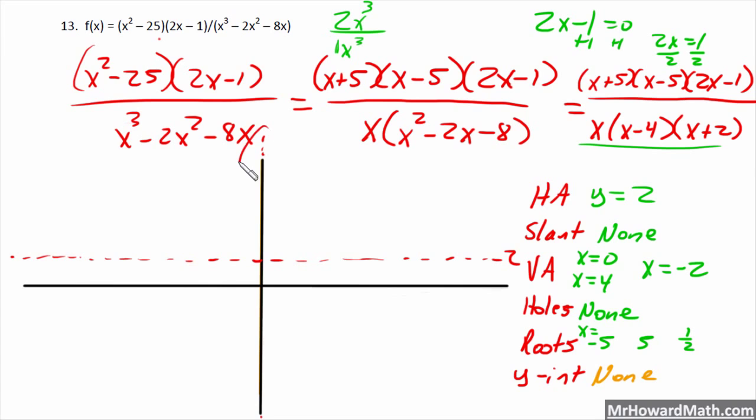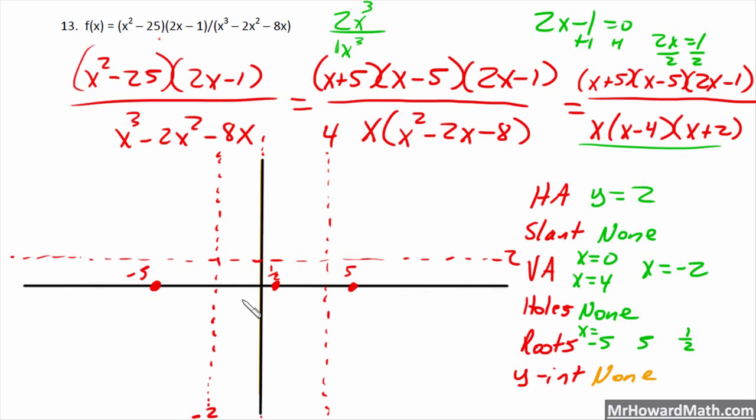We need to be careful and remember that it's there, since the y-axis kind of hides it. And then we have x equals 4 through here, another vertical. And lastly, we have x equals negative 2 right through here as another vertical. So that one's at negative 2. And we have roots at negative 5, positive 5, and positive 1/2.